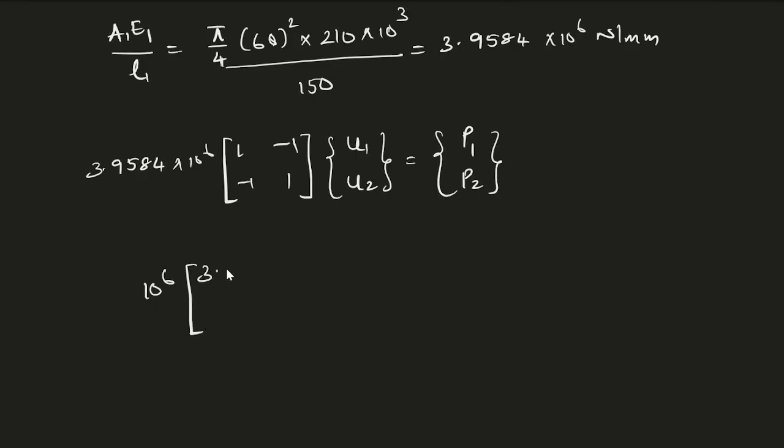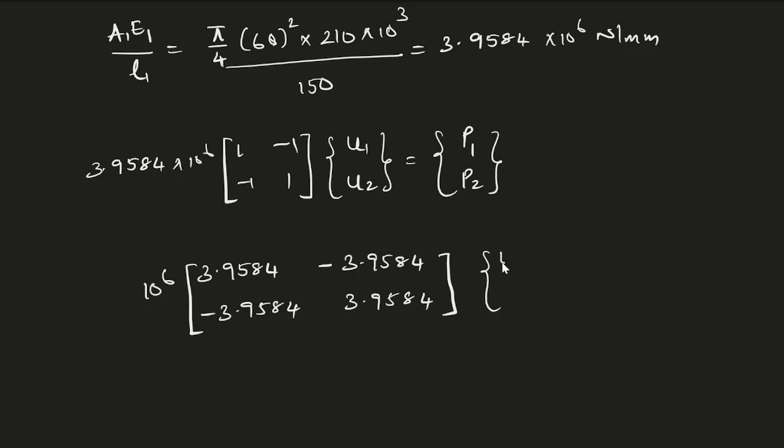So 3.9584, minus 3.9584, minus 3.9584, 3.9584, into u1 u2, equal to P1 P2.